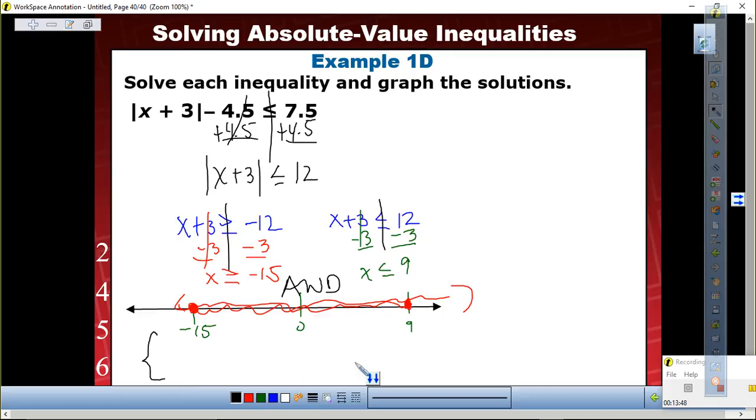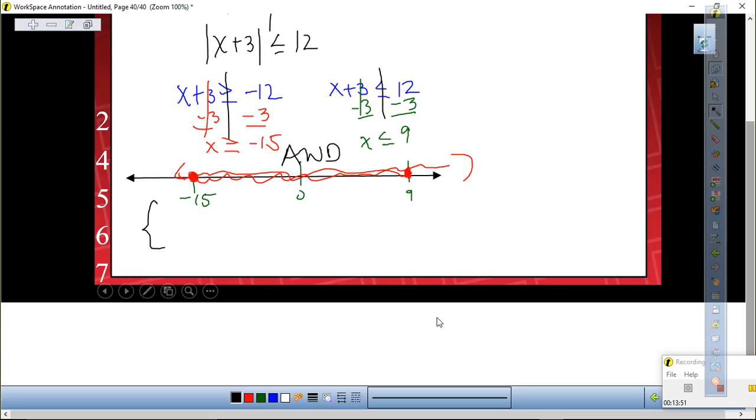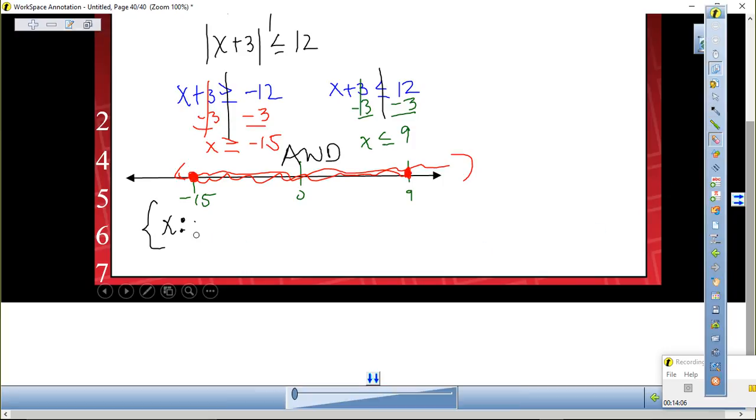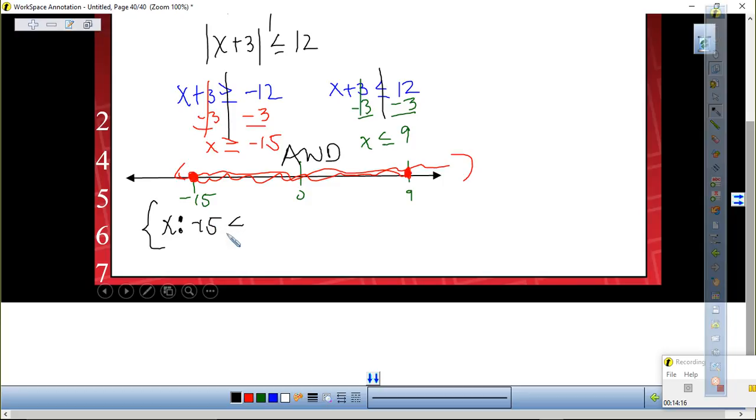Figure out the solution set. Such that x is... Okay, hang on. -15 is less than x less than 9.